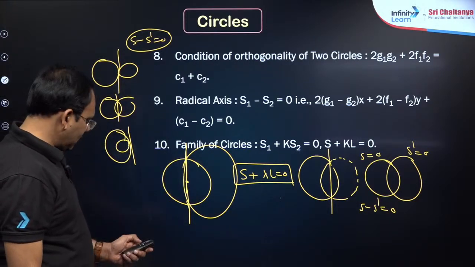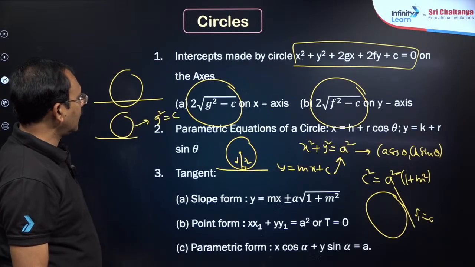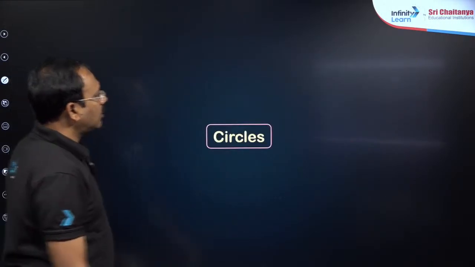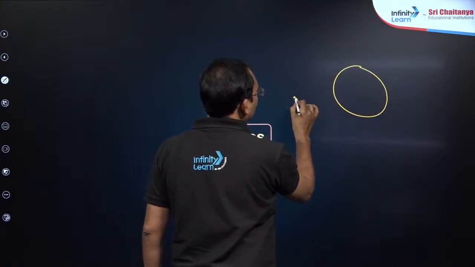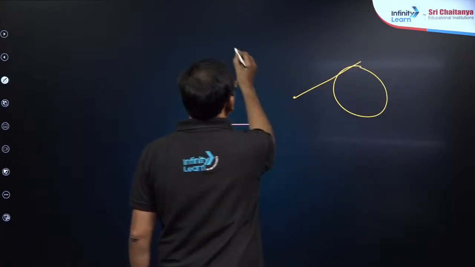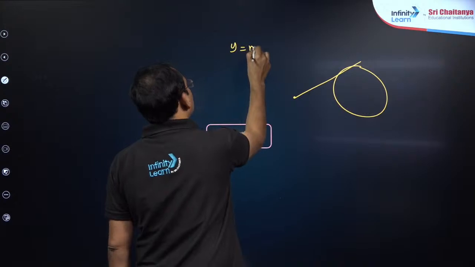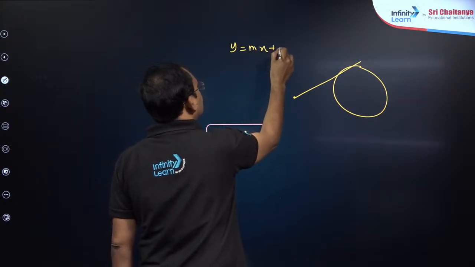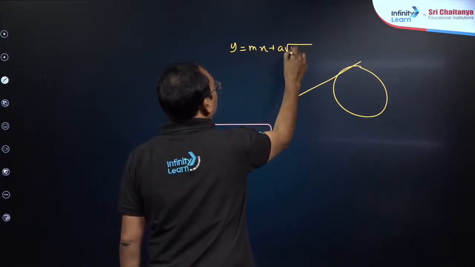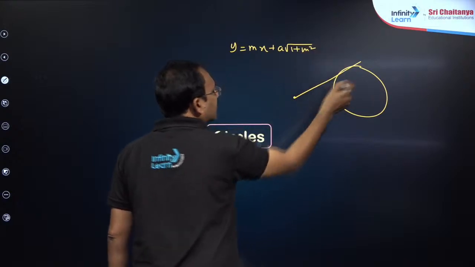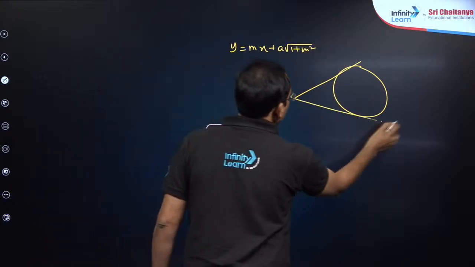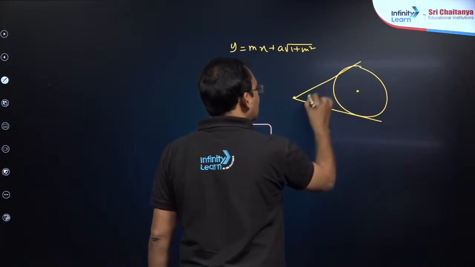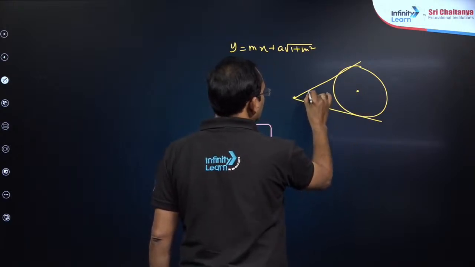Next, apart from this, my dear friends, you can also see this point. From an outside point, if you want to draw a tangent, the tangent equation you can take as y is equal to mx plus a into root of 1 plus m square, if the circle is the standard one. Suppose you have drawn two tangents. What is the angle between the two tangents?